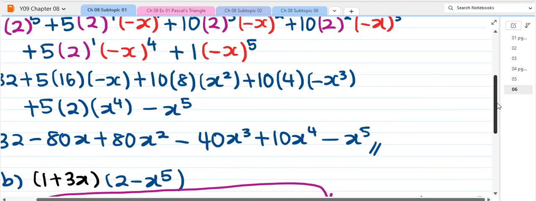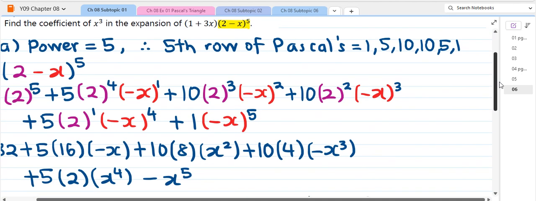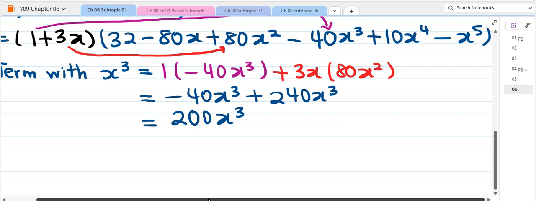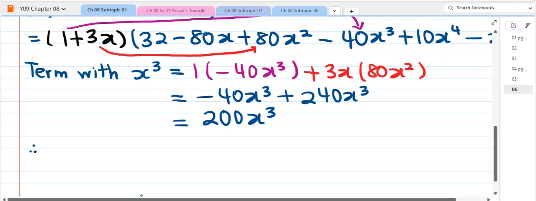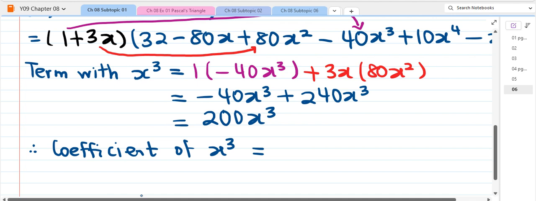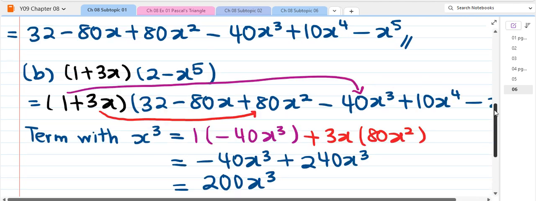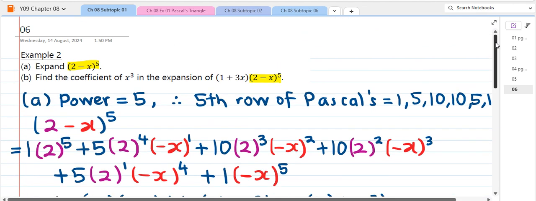But the question is asking you about the coefficient of x cubed. So here you can see, therefore, the coefficient of x cubed is going to be 200 over here. So there you have it for the last example for this subtopic.